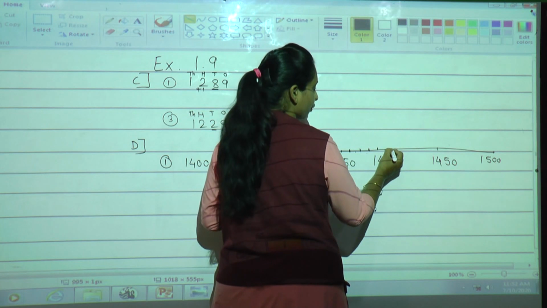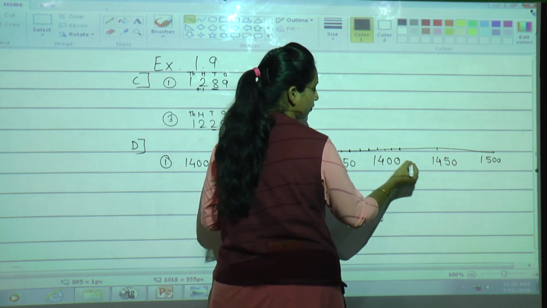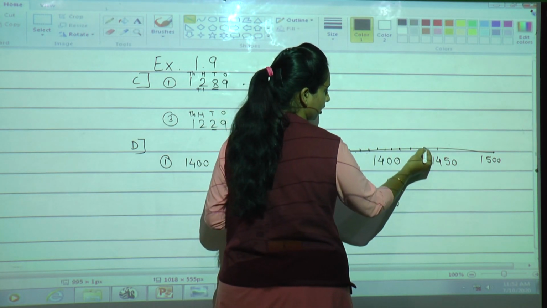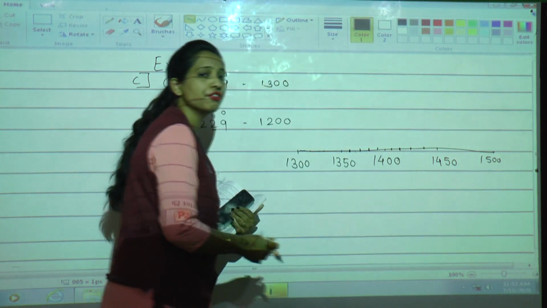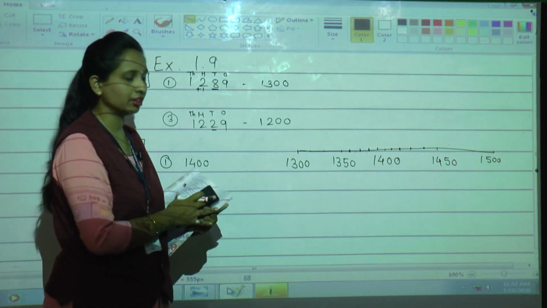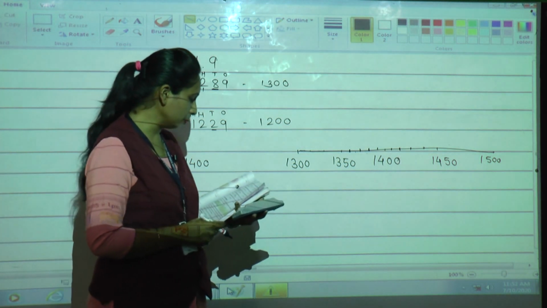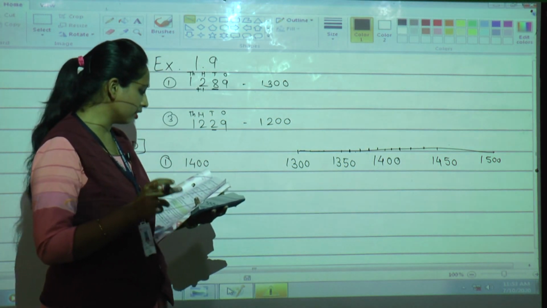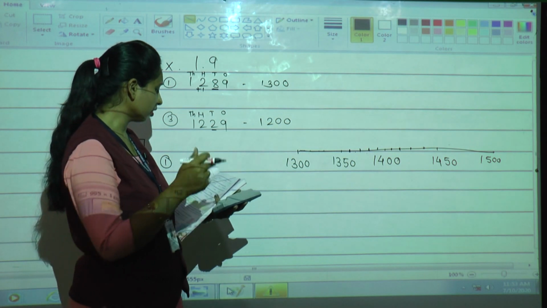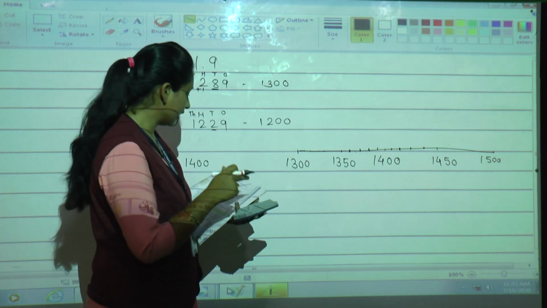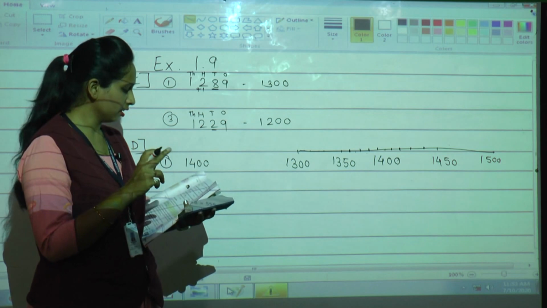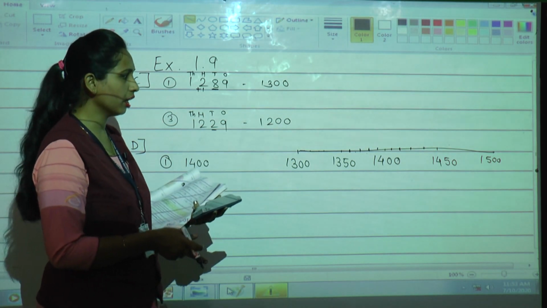The next: 1410, 1420, 1430, 1440 and 1450. Like these numbers are there on this number line. But what we have to find out now is the numbers nearest to 1400.